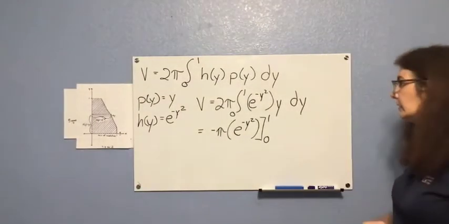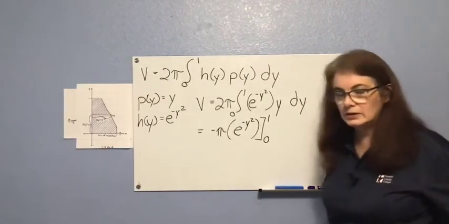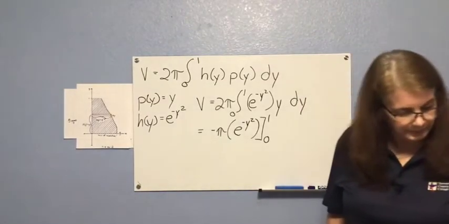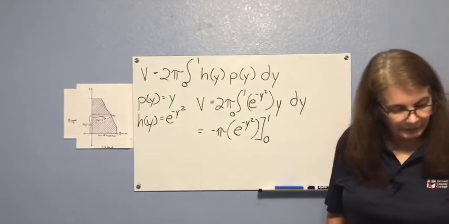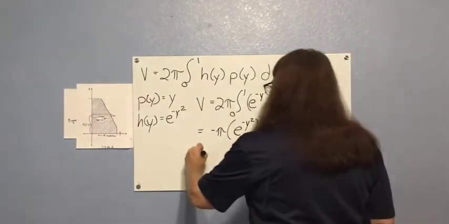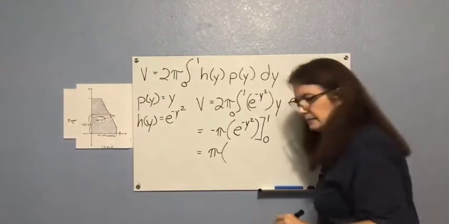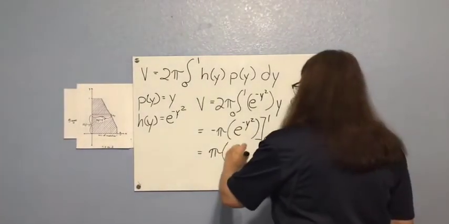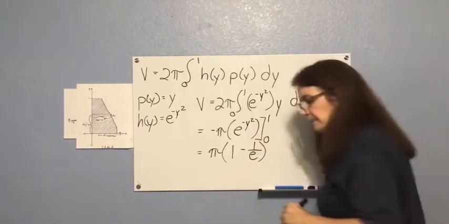If you need to look up those integration rules for e to the y, that's one of the reasons you have your reference booklet. This is now going to give me pi times 1 minus 1 over e.